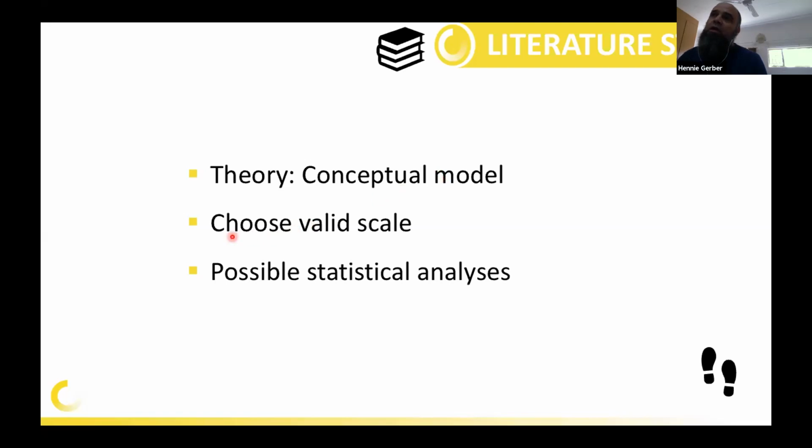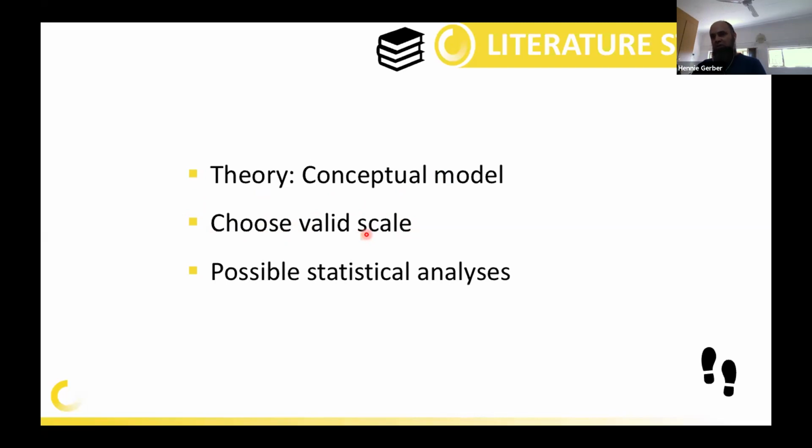Then you must choose a validated scale. A validated scale that I'm talking about here is a questionnaire that's validated. So if we look at our conceptual model here, which is technology acceptance, you must look for a validated questionnaire or scale of technology acceptance while you're busy with your literature study.